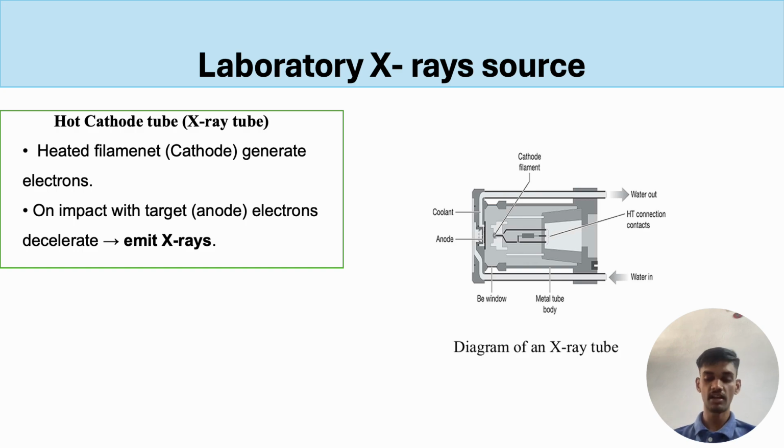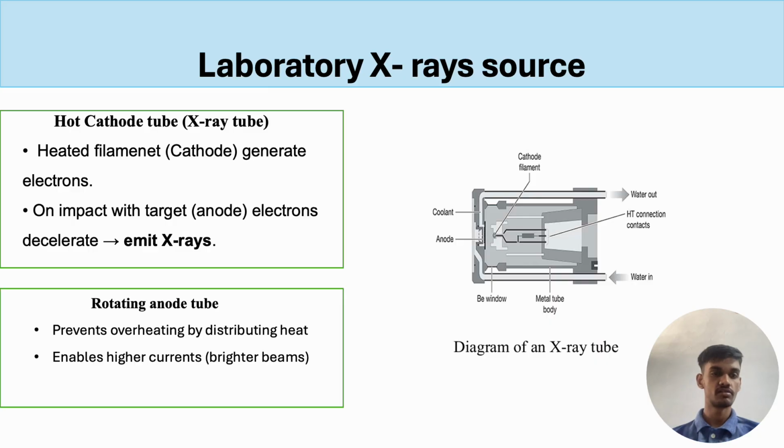But there is one limitation of the hot cathode tube: the target will melt if the current striking the target is too large. One way to overcome this limitation is the use of a rotating anode, in which the target is a rotating metal ring. In this design, only a small part of the spinning anode is struck by the electron beam at one time.